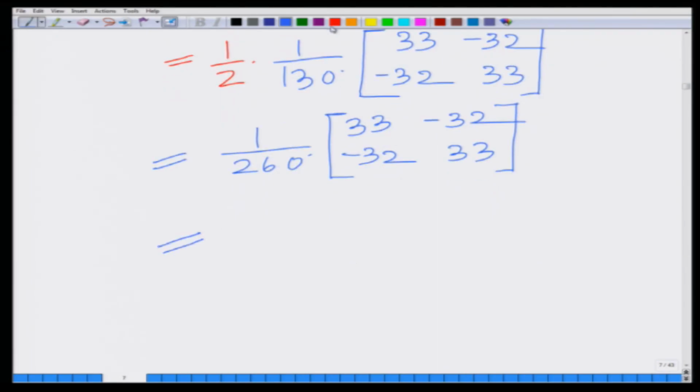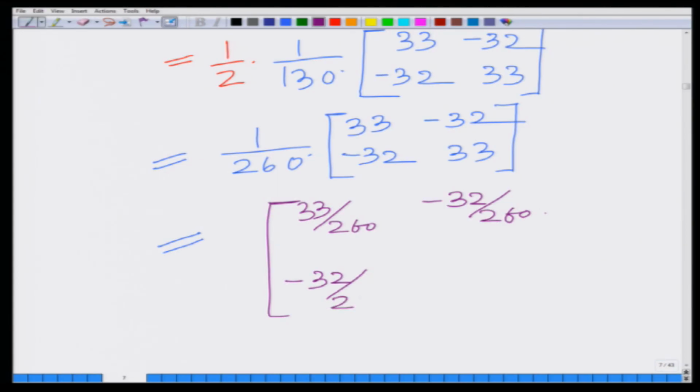This is your covariance, which is equal to 33 over 260, minus 32 over 260, minus 32 over 260, and 33 over 260.